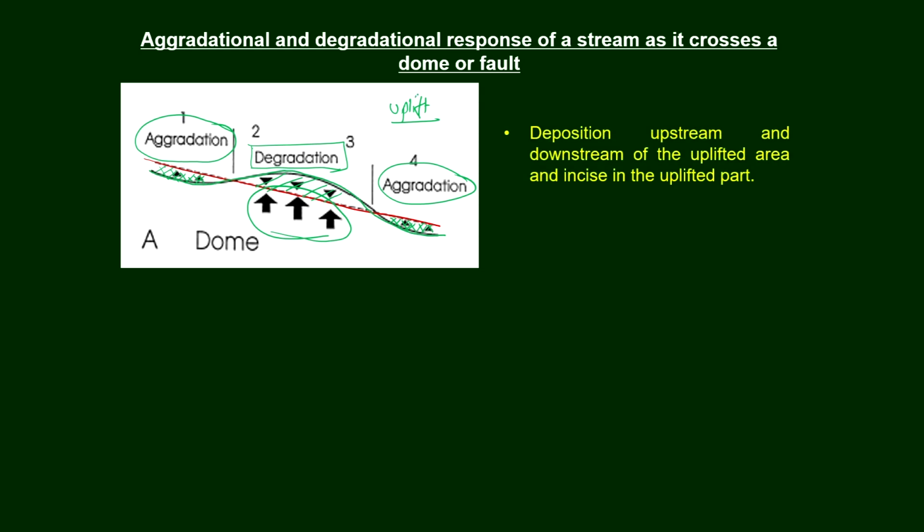So, deposition upstream and downstream of the uplifted area, and incision, that is your degradation, in your uplifted portion. This portion will have typical landforms, which you can talk about, the fluvial terraces. This will be because of the incision.